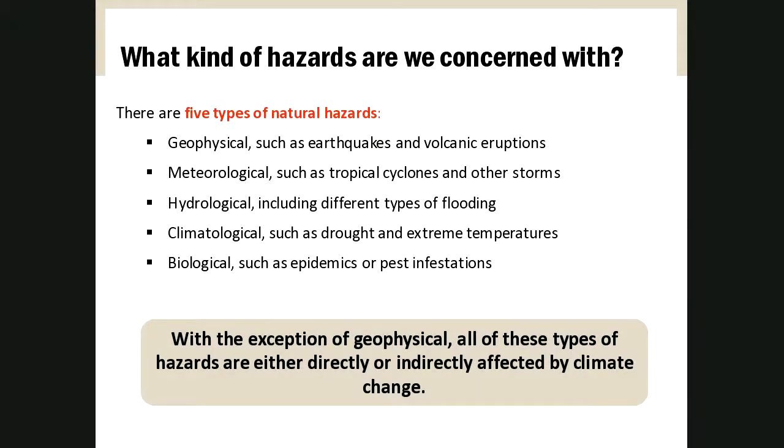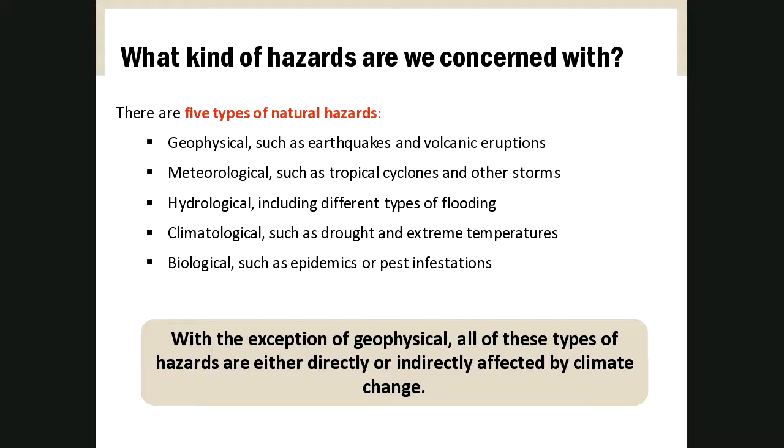There are 5 different types of hazards. For those entering this discussion early on for the first time, we won't be using the word natural disaster, because I for one don't believe there is such a thing as a natural disaster. There's nothing natural about disaster. It is actually natural hazards or human-induced hazards that create disasters.